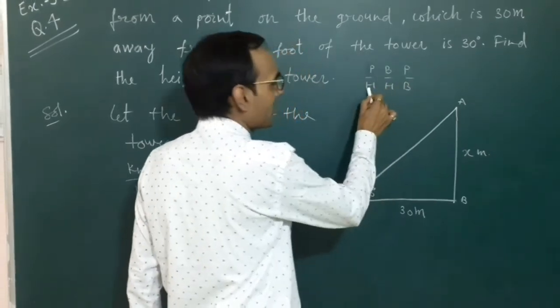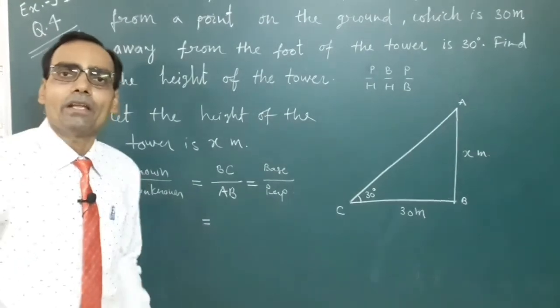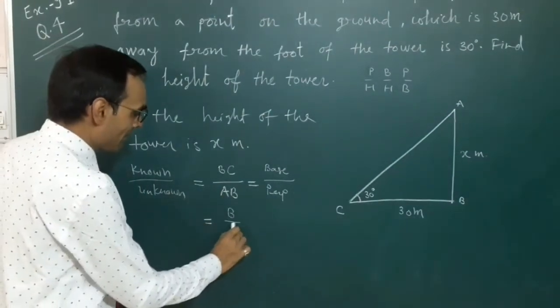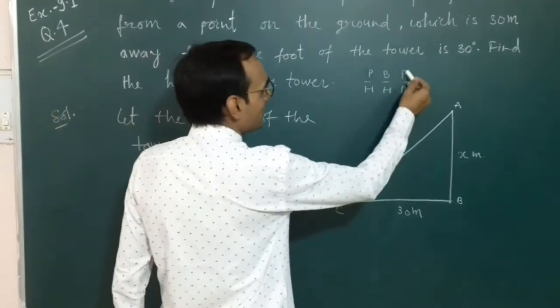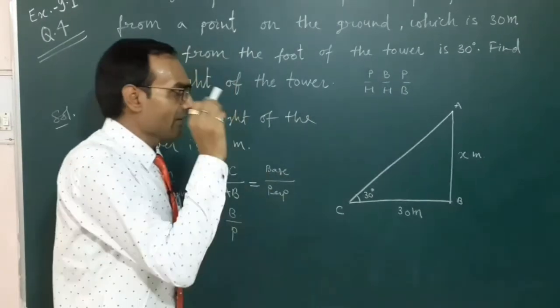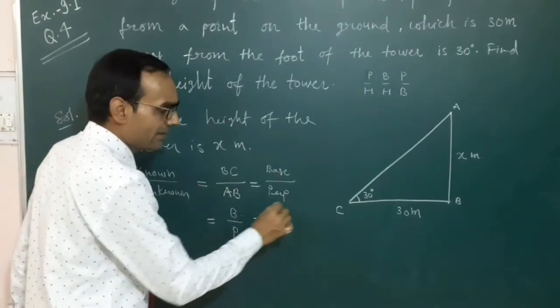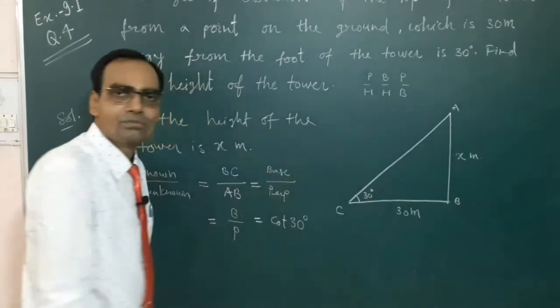That is sine, cos, tan theta trigonometrical ratios. Now here we get B by P, base by perpendicular, which is the reciprocal of the third one, tan. So we will take cot theta, and our theta is the angle 30 degree, right?